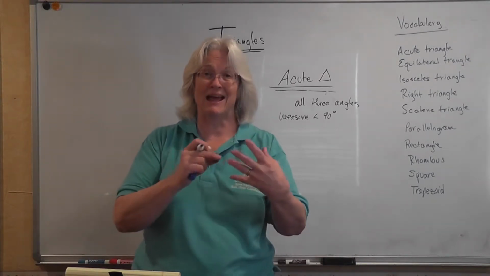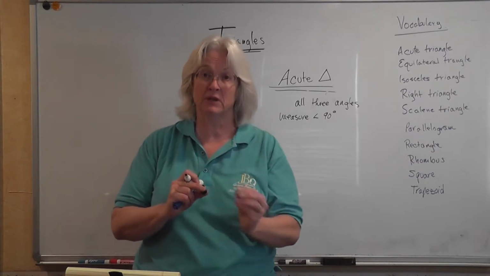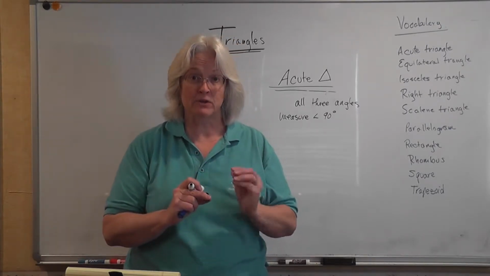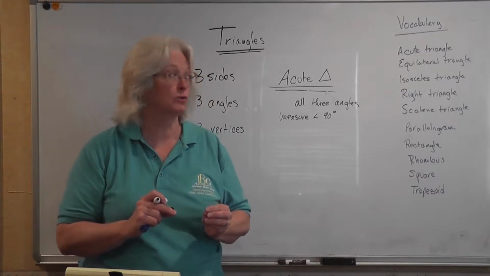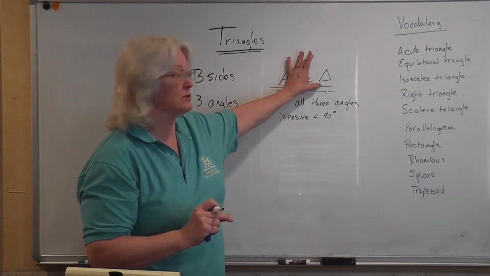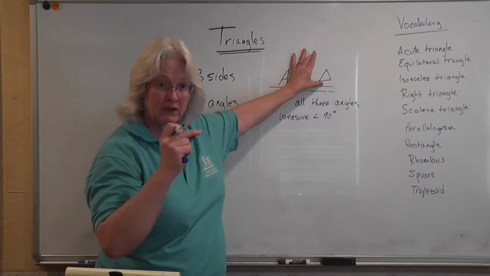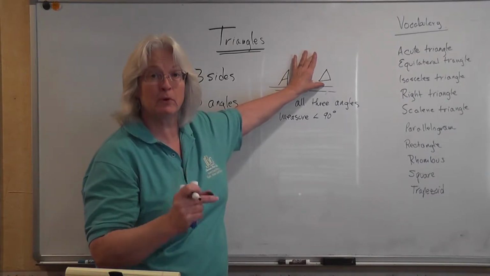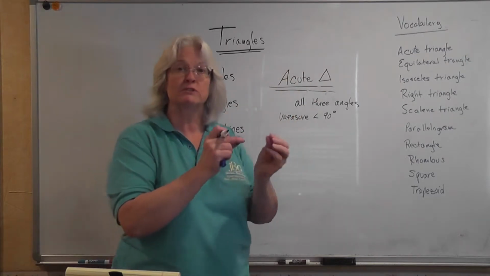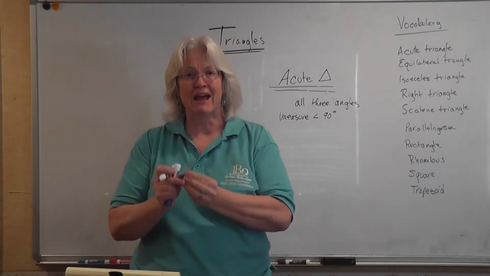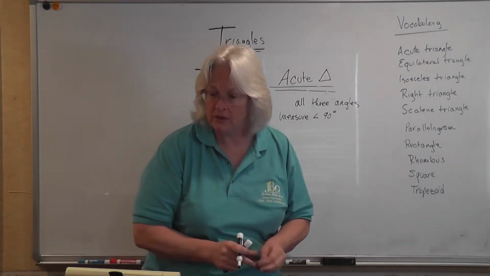But you do know that when you sum those three angles together, they're always going to equal 180 degrees, because that's the total number of degrees of the angles of a triangle.